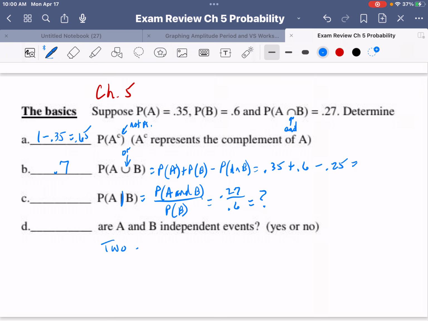Two events, A and B, are independent if the probability of A is equal to the probability of A given B. Well, you'll notice that the probability of A is given above to be 0.35, and then the probability of A given B, I guess I better grab my calculator and finish the answer to part C above.